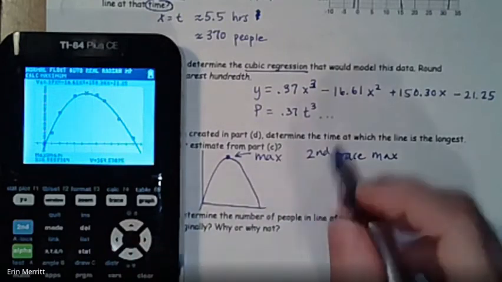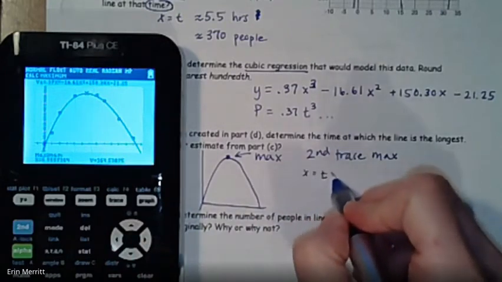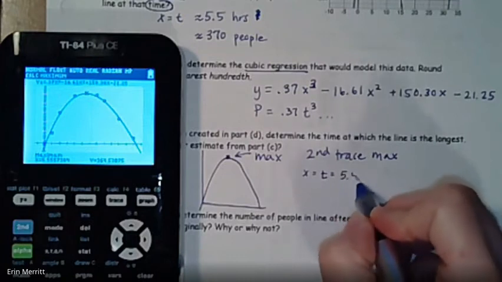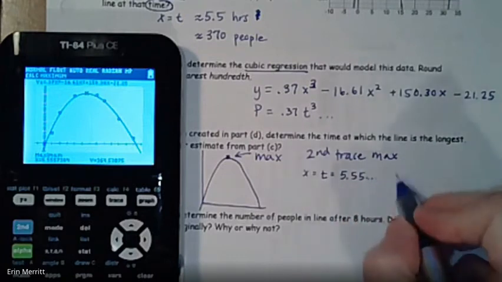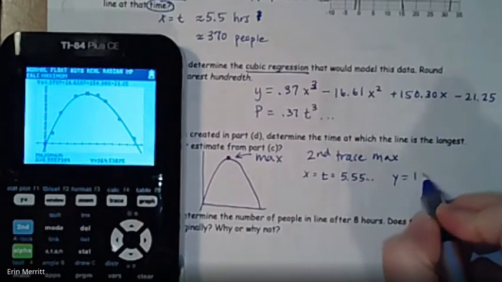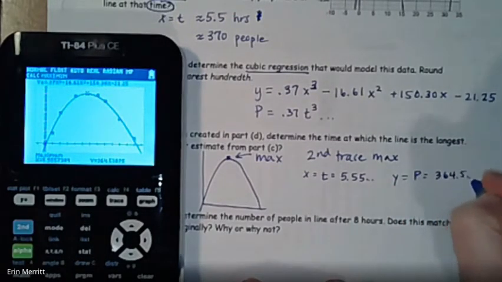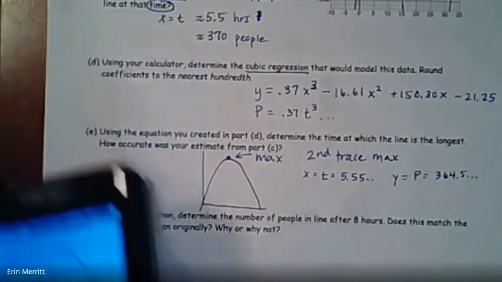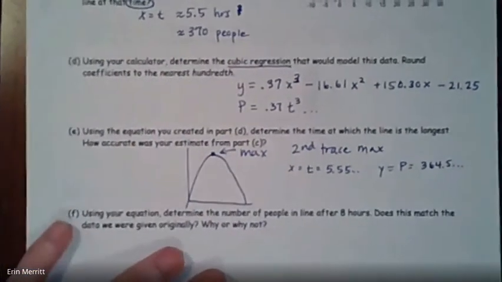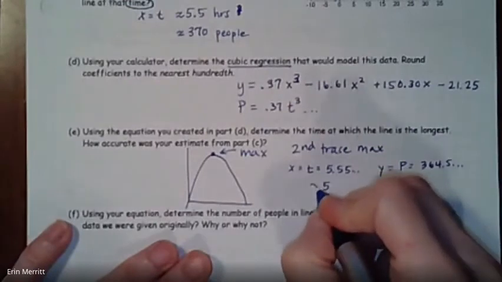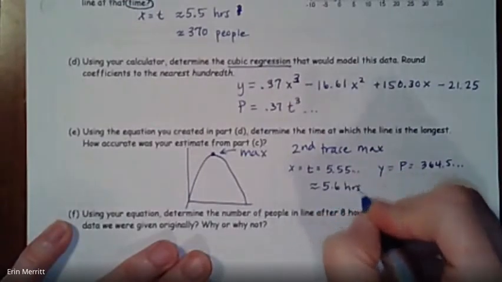All right, where I'm landing at is that my x or my t value is at like 5.55, keeps going, and then my y or my p value is 364.5 and change. All right, so when it says determine the time at which the line was longest, yeah, about 5.6 hours. So we were pretty set on that.